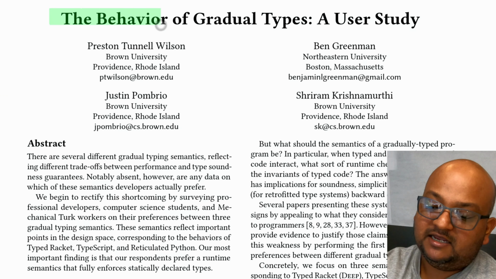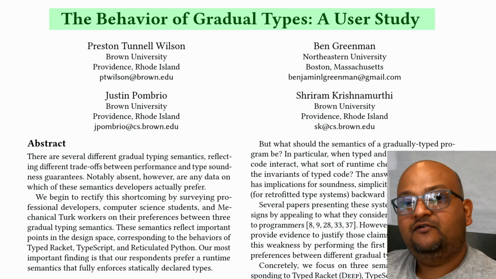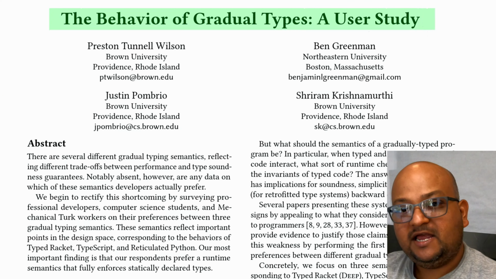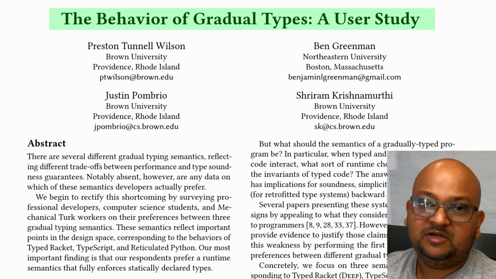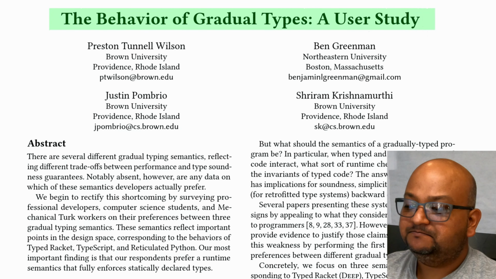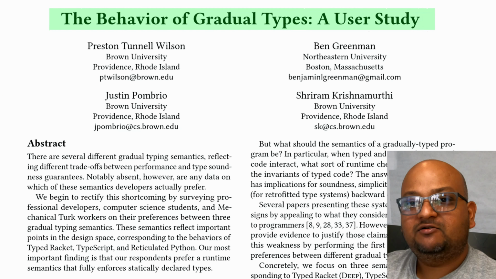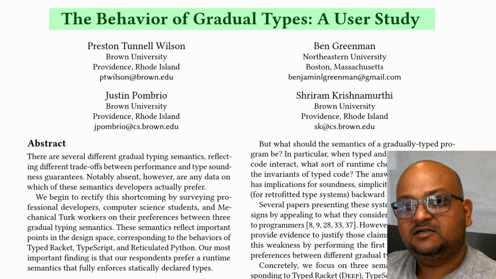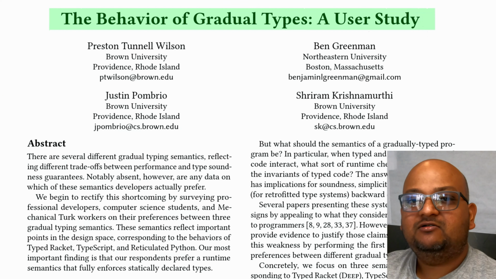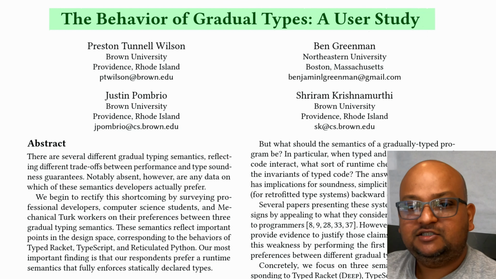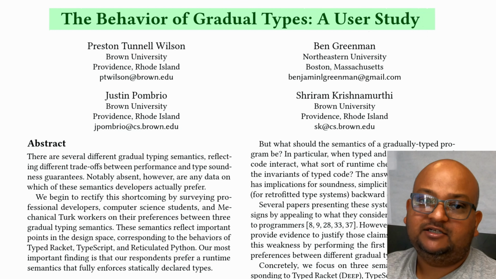The paper we're looking at today, first of all, enumerates the different ways in which one could implement gradual typing in a language, and then also does a survey of programmers to see how they feel about those various choices in the design space for gradual typing.